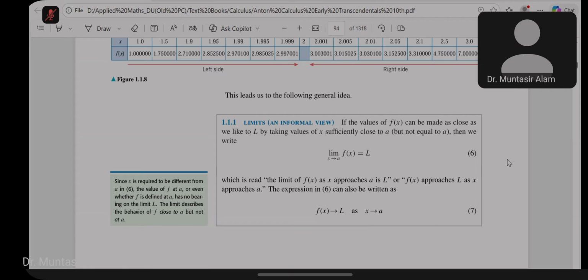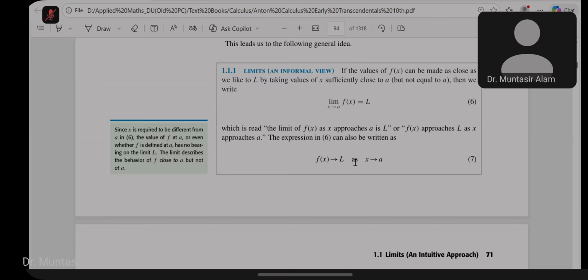That means we need to approach the function value to some limiting value L by taking x sufficiently close to a. That means x is very close to the value of a, but not exactly equal to a. This is called the limiting value or limit of the function at the point x equal to a.